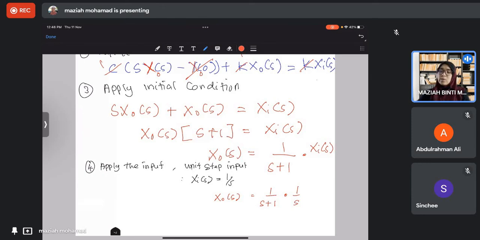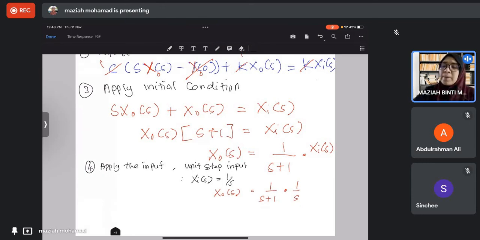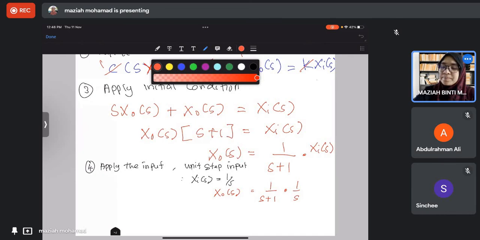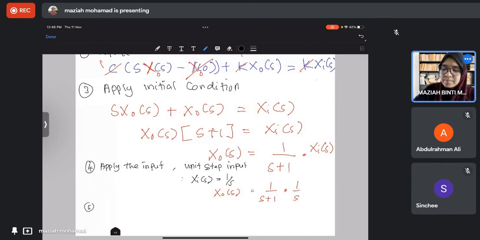So far, now comes partial fraction decomposition. Partial fraction decomposition means we have 1 over s plus 1 multiplied with 1 over s.